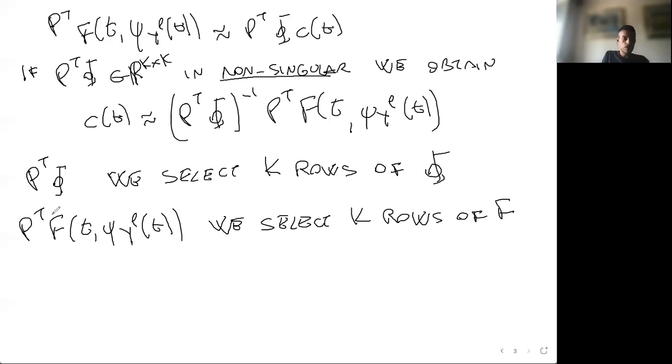One can use a greedy algorithm, something like an LU decomposition. One can use a QR with pivoting algorithm. Nevertheless, the interesting thing is that we are selecting rows of the nonlinearity.